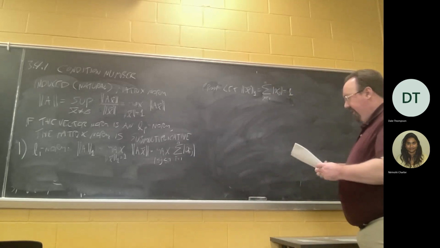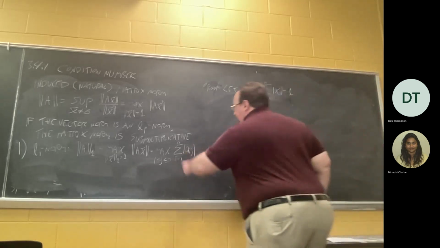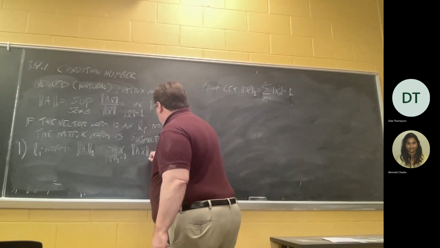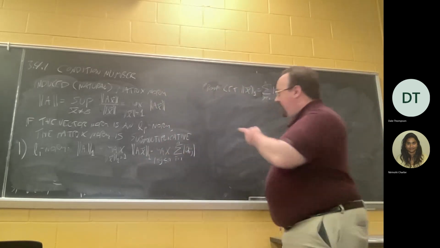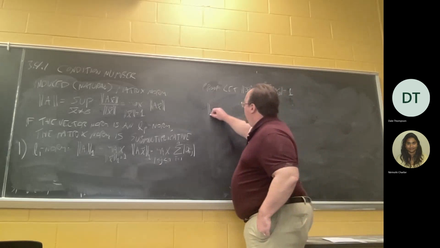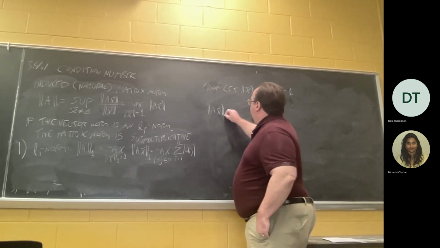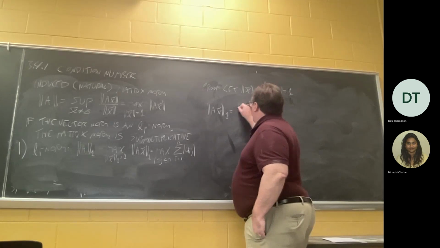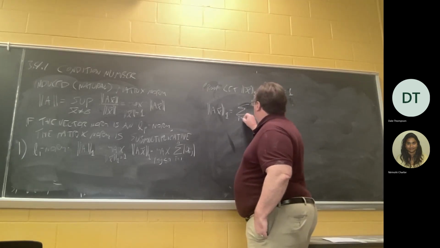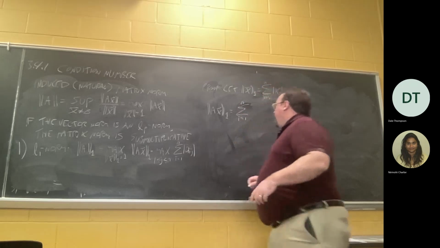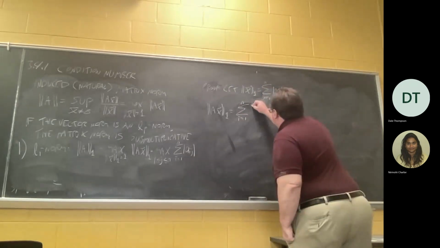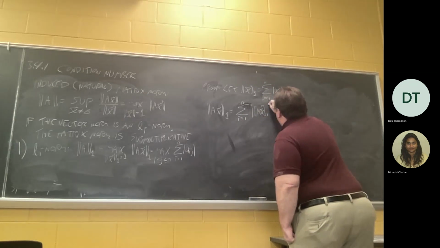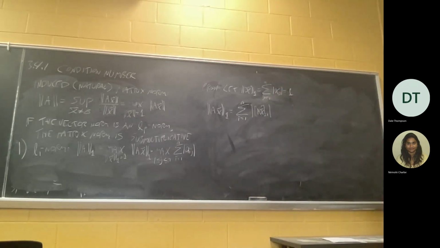Now I'm going to look at the one norm of A times X, first using the formula for the one norm. So I take the absolute value of component i of A times X, and I add up all the absolute values.